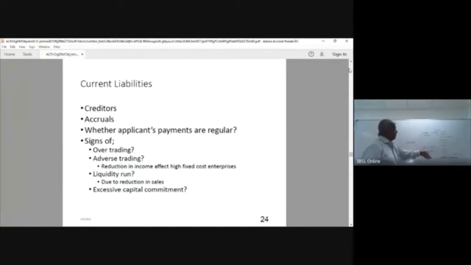Money tied up with the raw material is the working capital investment. Money tied up in the current assets, we call it current assets. These are current assets.